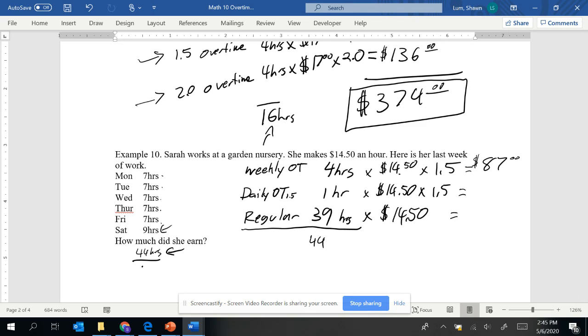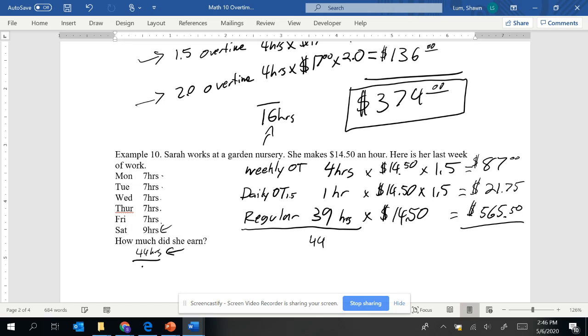And then it's 21.75 for the daily overtime. And then for regular hours, this is their biggest one, 39 times 14.5 equals 565.50.